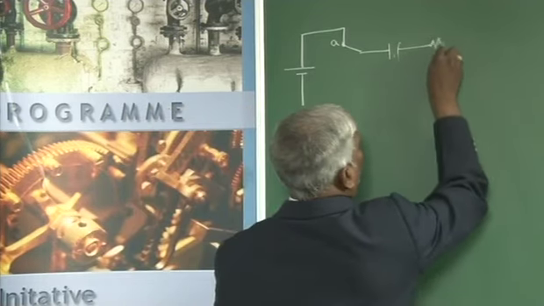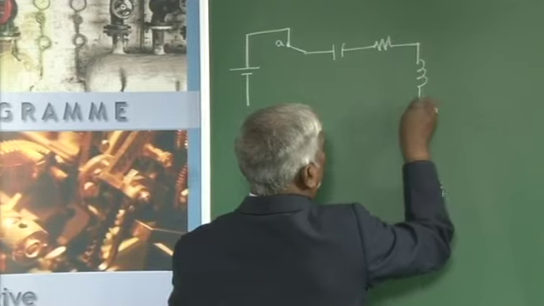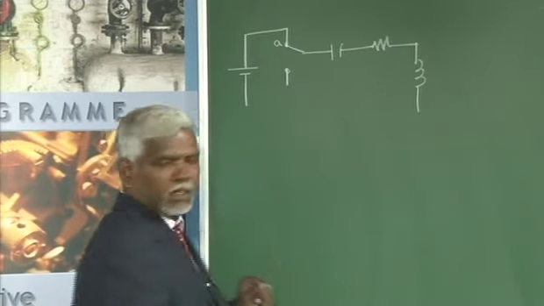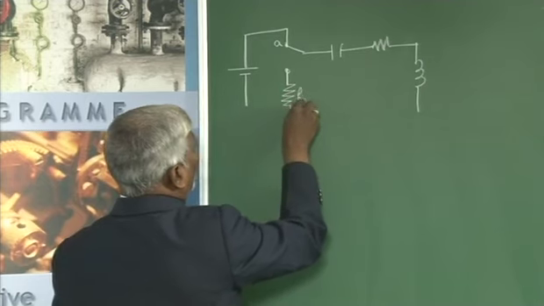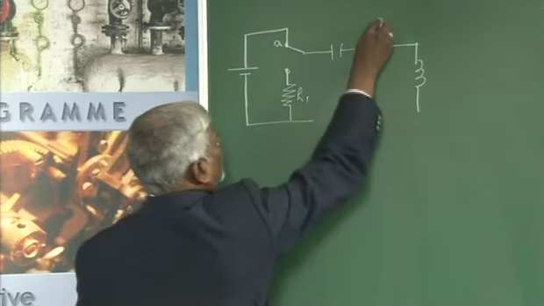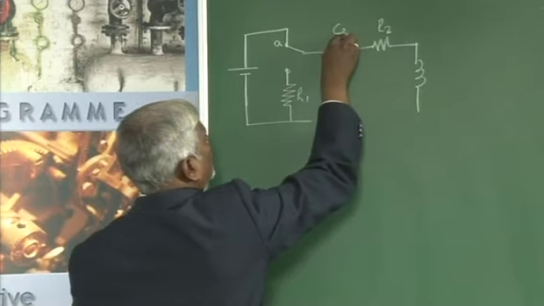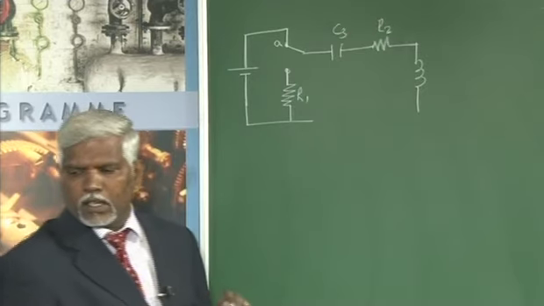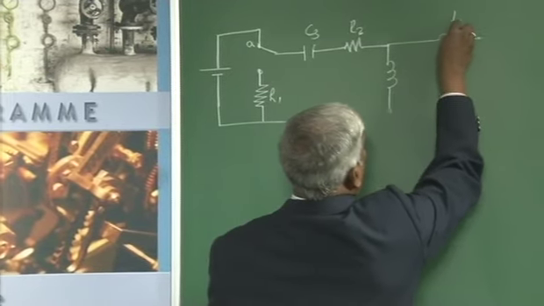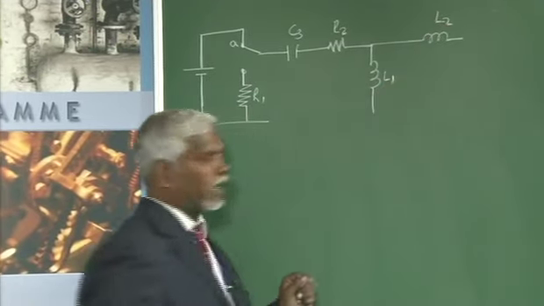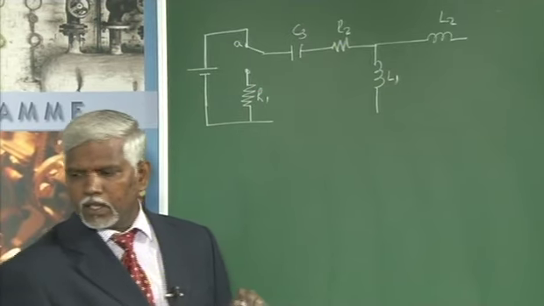R2, L1, R1, L1, I have a resistance R1 here, this is R2, this is C3, L1, L2, R3, C1, C2.